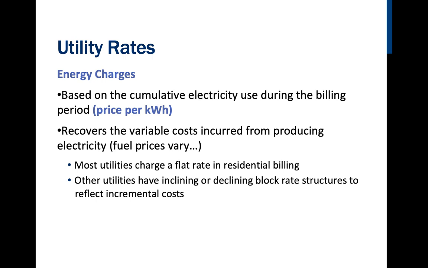But then there may be block structures too, where I pay a certain rate from 0 to 500 kilowatt hours a month, and another higher fee for like 501 to 1,000 kilowatt hours per month. And then maybe from 1,001 kilowatt hours to 2,000 is a separate rate. So different tiered rates.